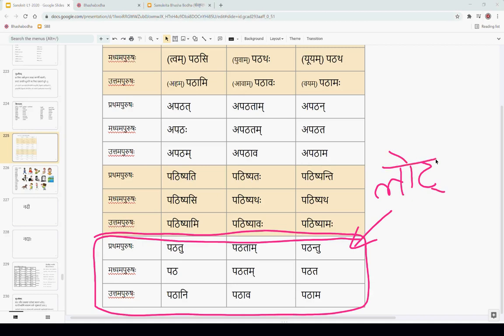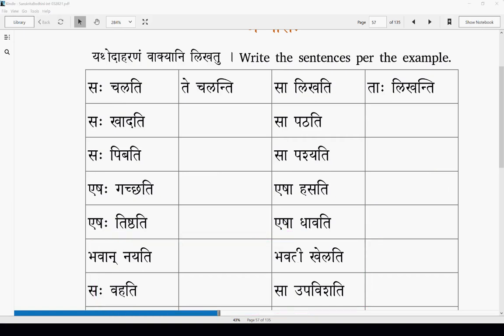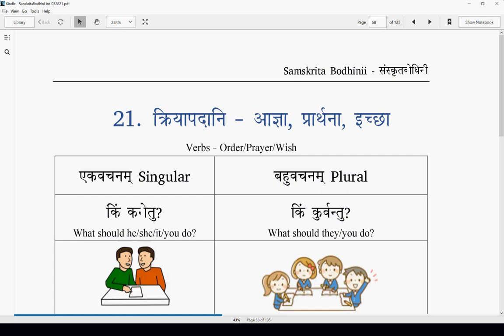In the book we have here, Kriyapadani, Ajna, Prarthana, Ichha.